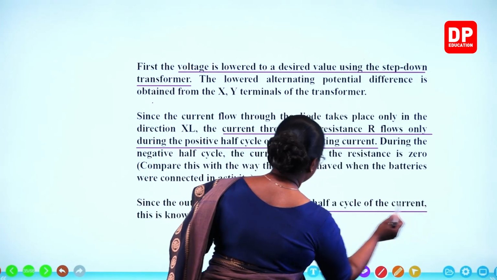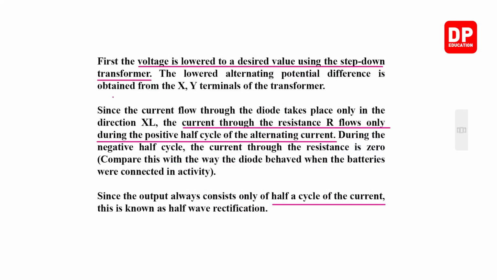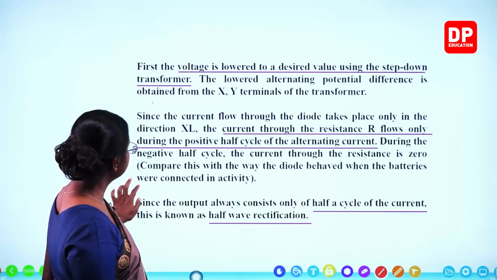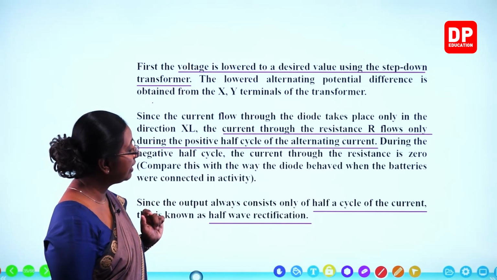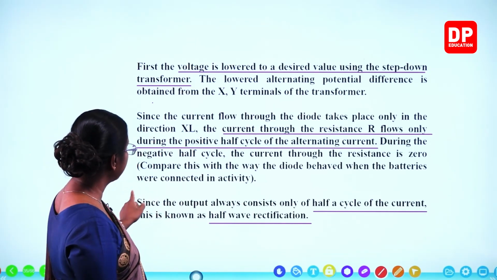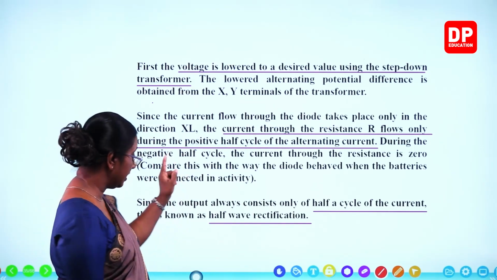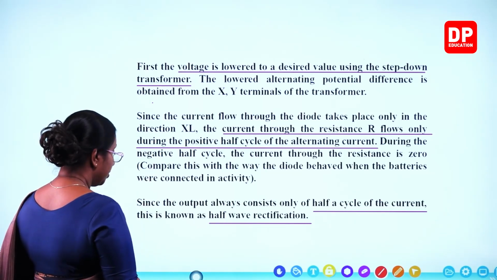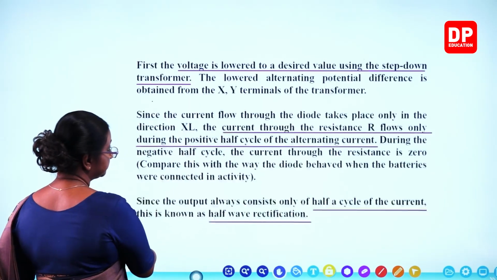Half a cycle of the current, and that is why we call it half wave rectification. Now to explain this part, I will show you all that diagram.